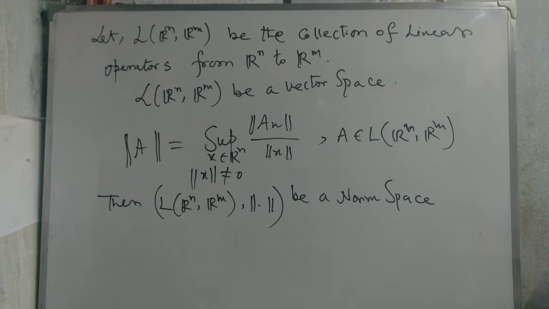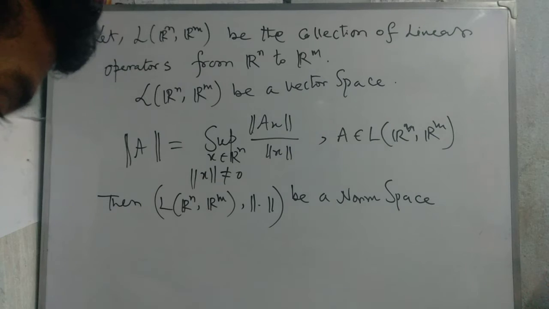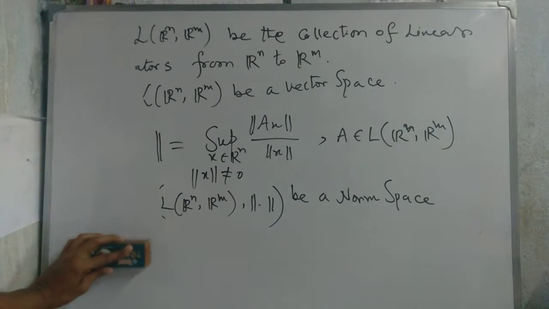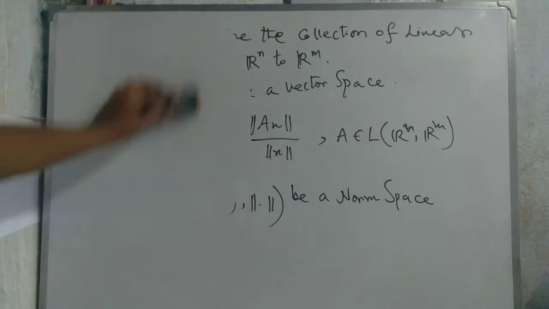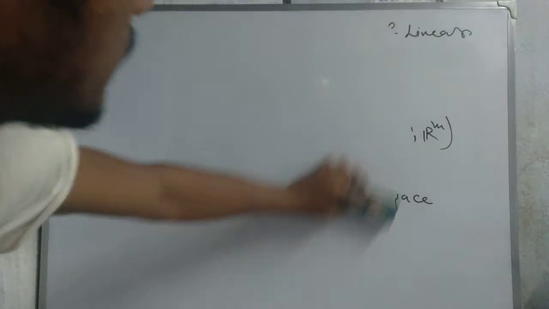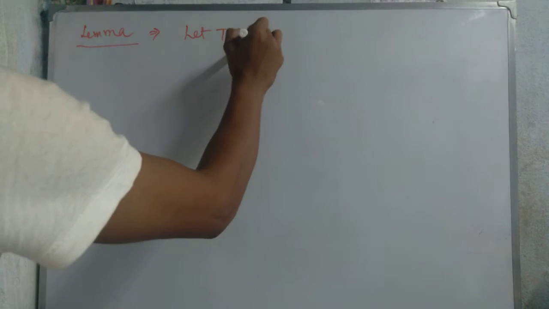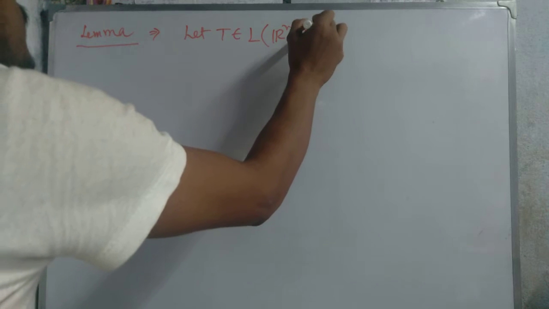We do not discuss this now; we just say it is a normed space, and we can check it, but now I am not interested in this, so we erase that portion and go on to one lemma. This lemma says that let T belong to L(Rn, Rm).